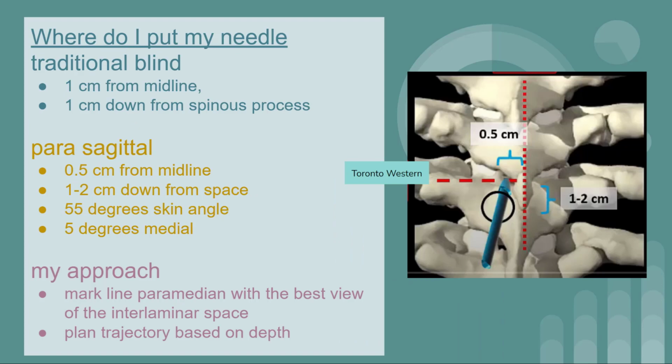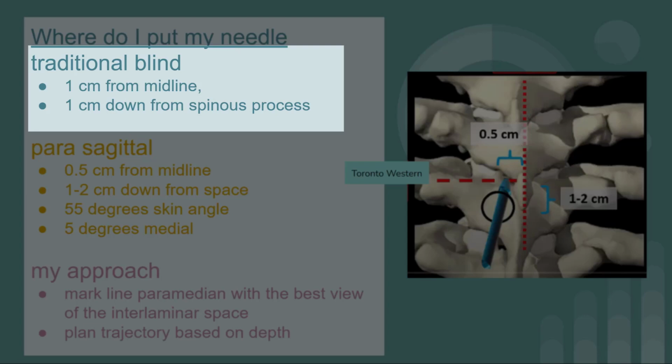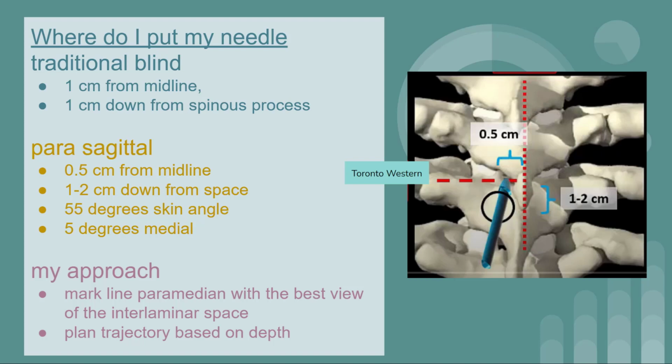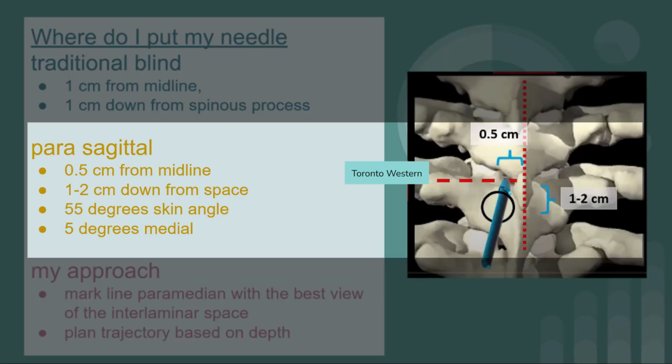So when you're just starting out, you can use this to landmark your spine just to get a sense of where things are. And you can still use that traditional blind landmarking approach where you take the tip of your spinous process, go out a centimeter, go down to lamina, and then angle up and in. The other option, which is what the Toronto Western group advises, is to do more of a parasagittal approach.